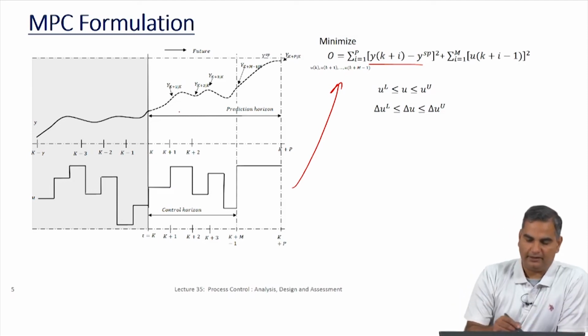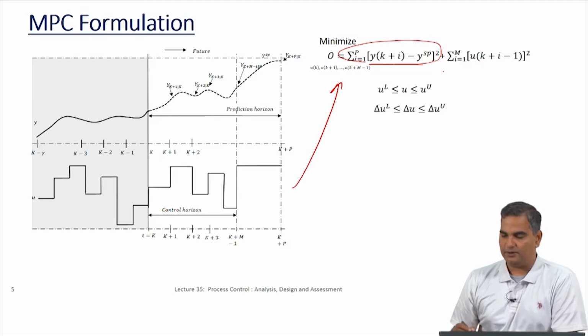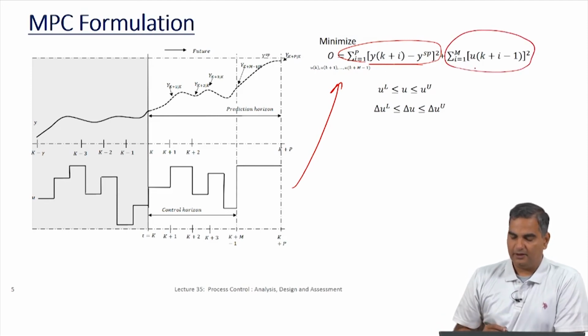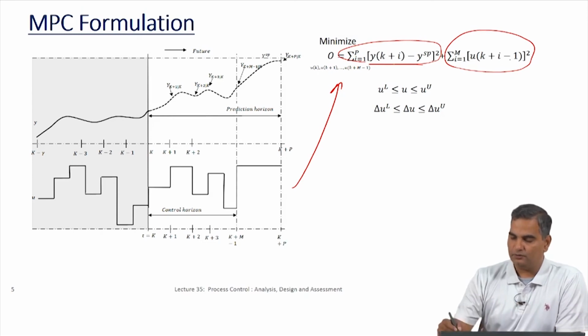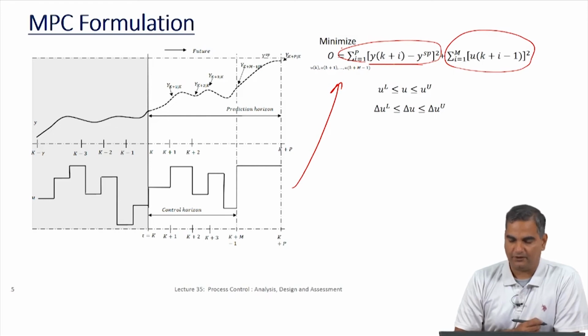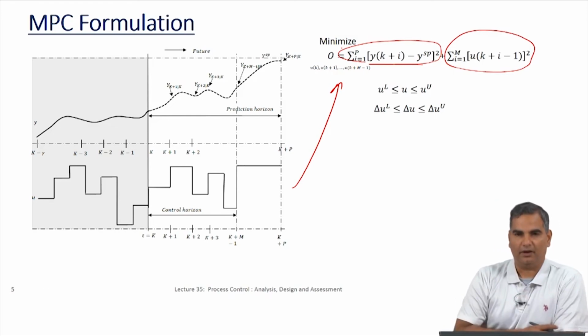It might be that the objective function is not only the error square that I have, this is the generalization of the formulation, but also this u squared. What this u squared tells me is, if I take very large control moves, this will be large, which will be bad for minimizing the objective function. So, I want to keep the move sizes as small as possible.